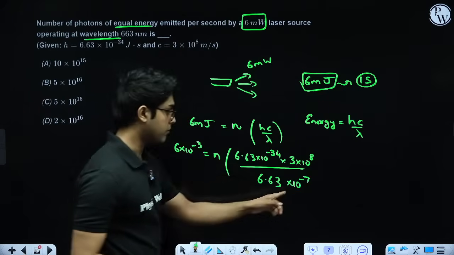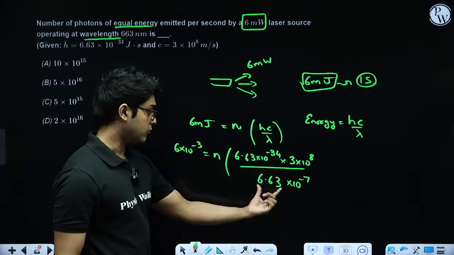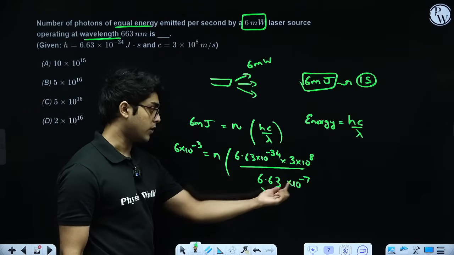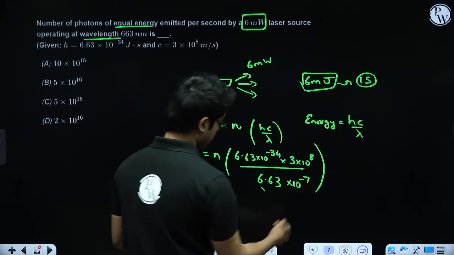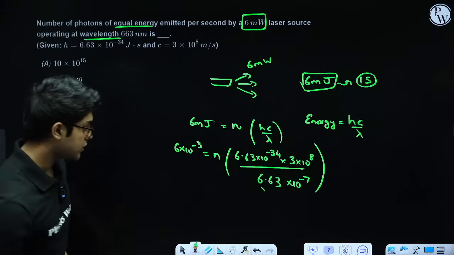Nano is 10 to the power minus 9. So of the 663 I divided by 100, so I have to multiply by 100, so it becomes 10 to the power minus 7. So this is the calculation.